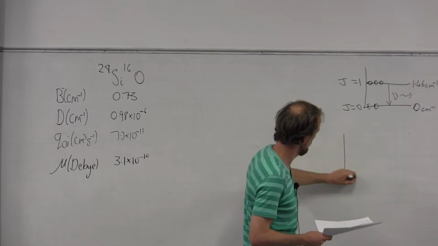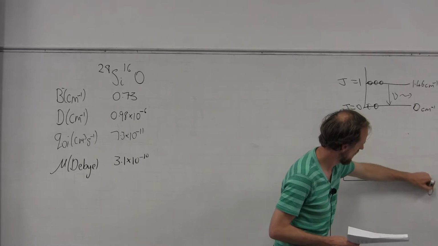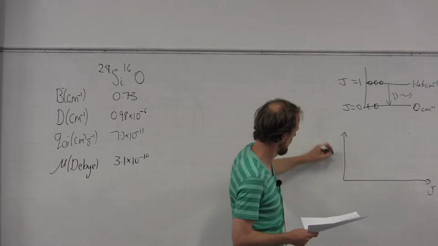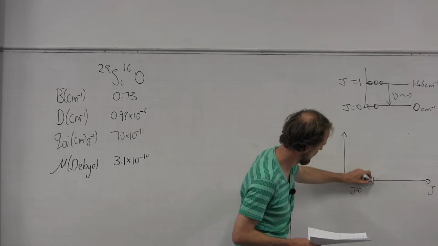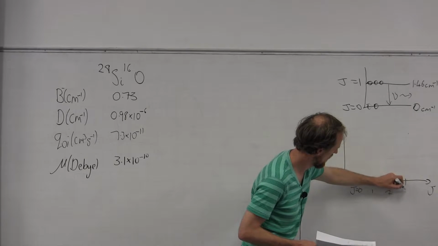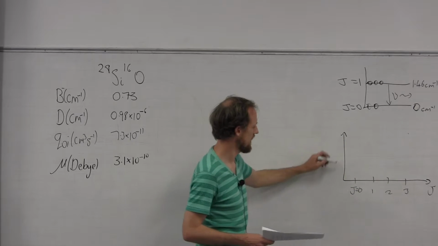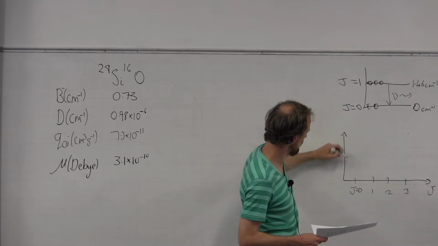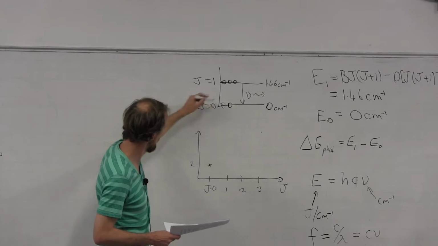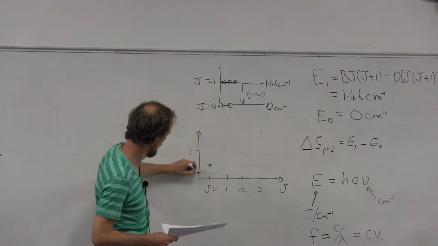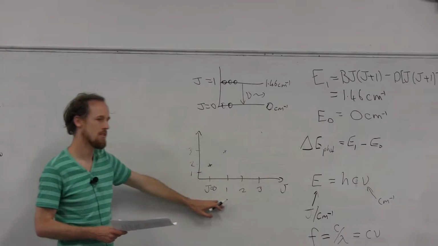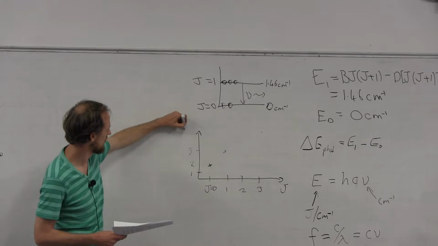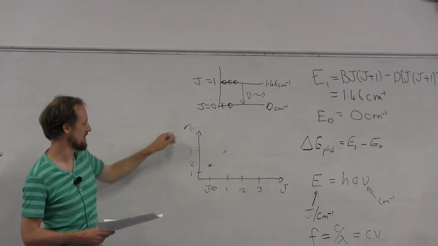And if you draw a curve, in this case we have 2 molecules in the first level and 3 in the second, giving us 2 points on a function of rotational level versus population.